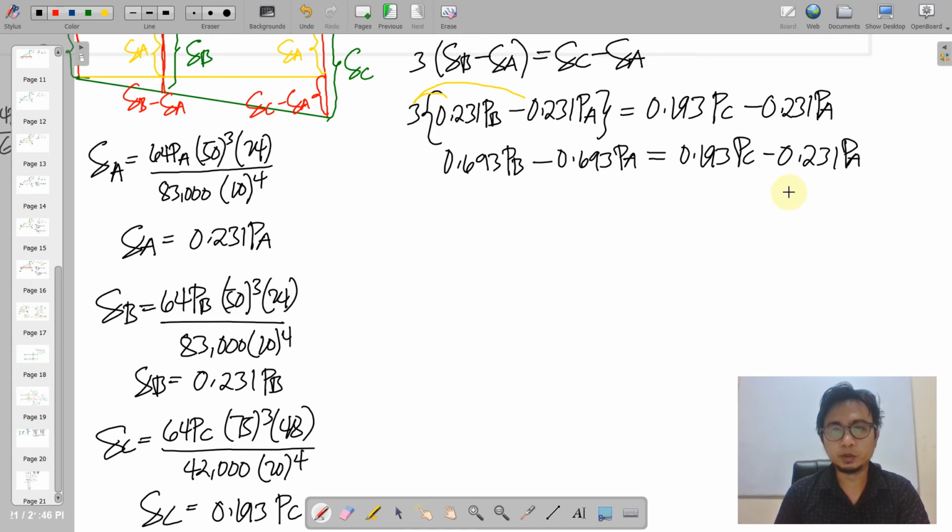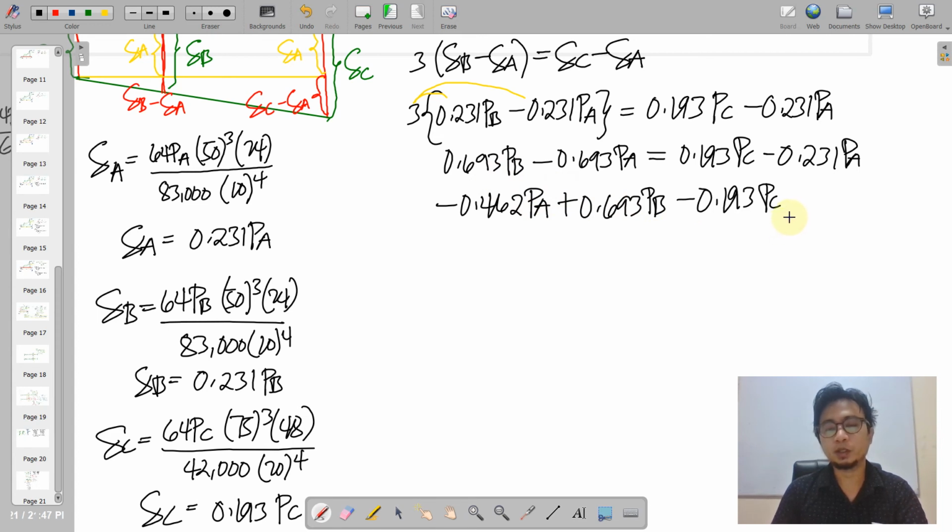So we combine terms by transposing this to the other side. We have negative 0.462 PA, and then 0.693 PB, less 0.193 PC. Those are equal to 0. So this is another equation, the second equation obtained from elastic deformation.